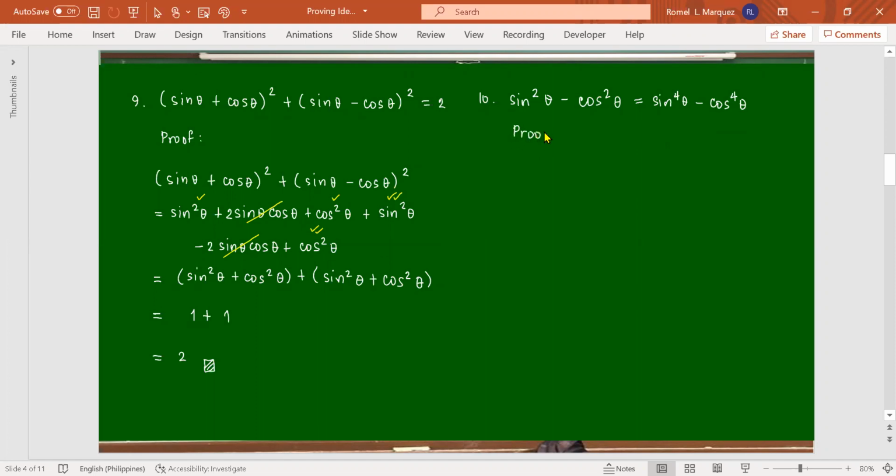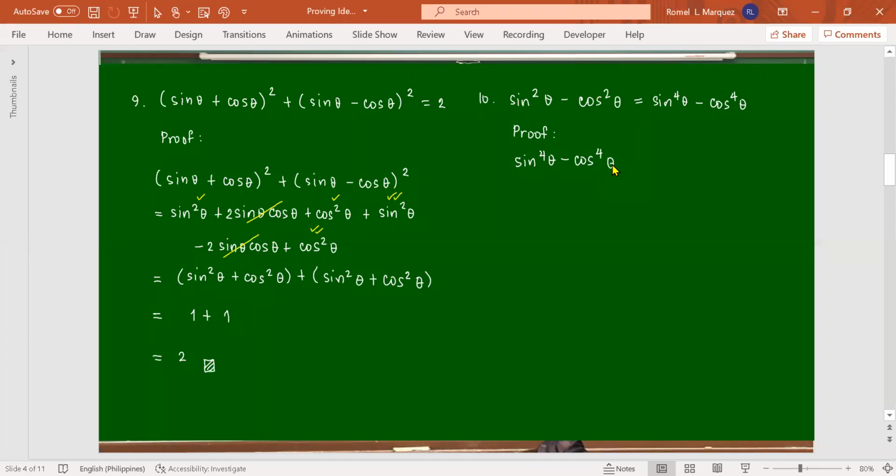So I think it's better to work with the expression involving the higher power, no? This involves a power of 2, while this one is 4. So let's work on sine to the fourth theta minus cosine to the fourth theta.